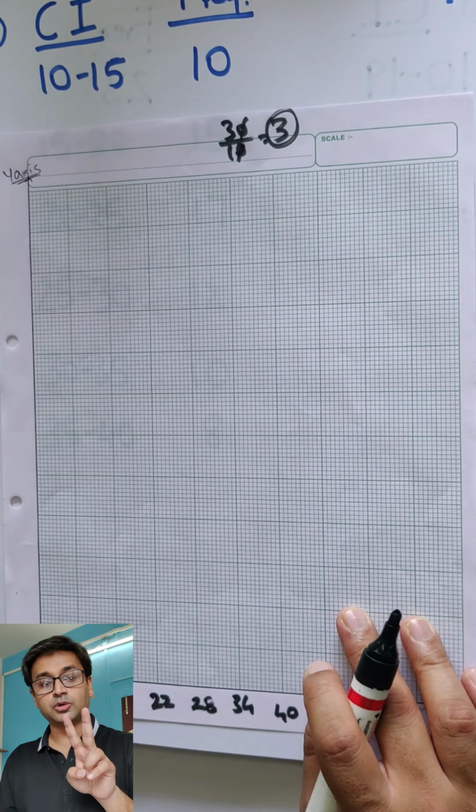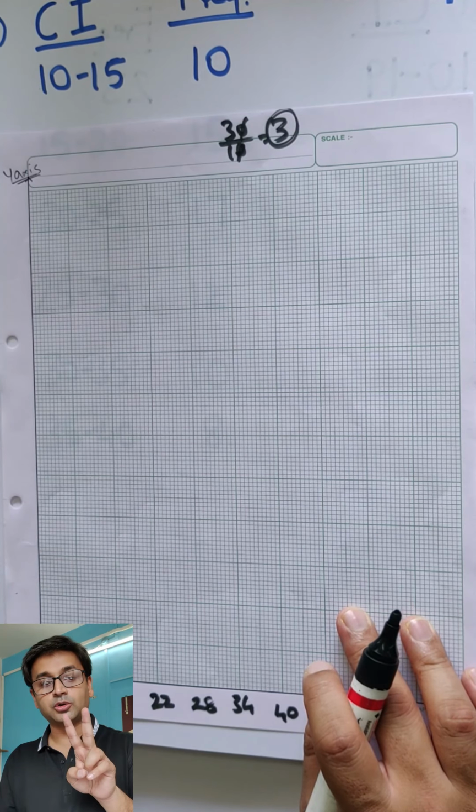So can we take 5 then? You should always try and take 0, 2, 5, 10, because then it becomes easy to bifurcate these inner lines. Are you able to see the inner lines? And each box is a 2 by 2 box. So if you are using a graph paper which is 2 by 1, it is a wrong graph paper. You are supposed to use a graph paper 2 by 2.